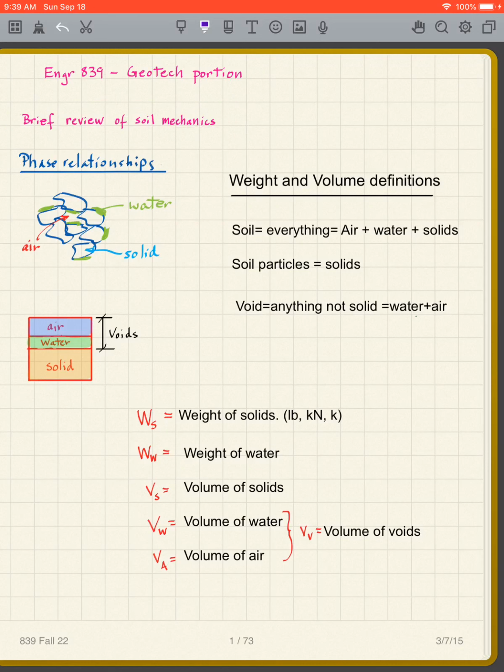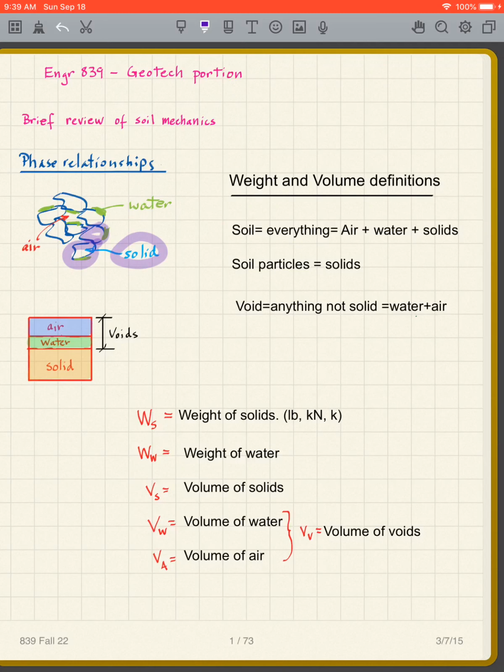Okay. So let's start with what soil consists of. We have solid particles, we have water, and we have air. And so when I say the word soil, I'm talking about everything. I'm talking about solids, water, and air. If I say the word soil particles, then I mean the solid particles.